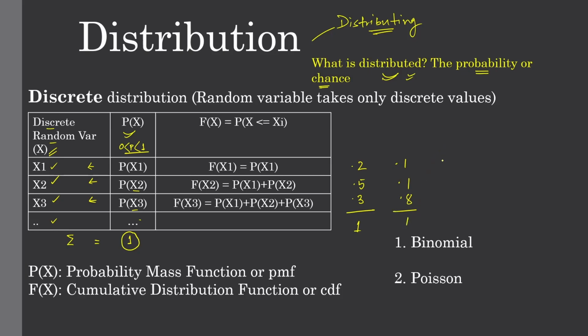This is another distribution. 0, 0, 1. This is another distribution. 0.5, 0.5, 0. This is another distribution. Suppose this is up to x3 only, there are no more values. In each case, you see the total is always equal to 1, as if this total is getting distributed among these three members. So this is the only concept for distribution and nothing else is there.